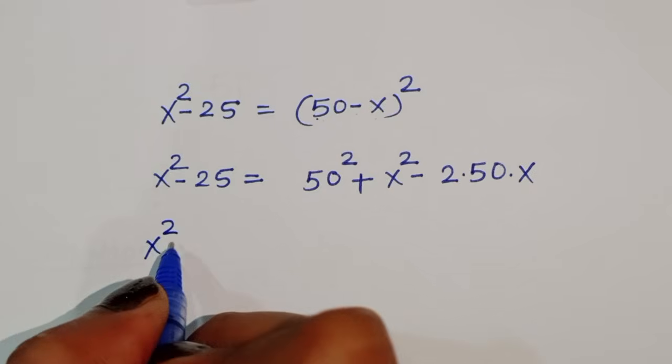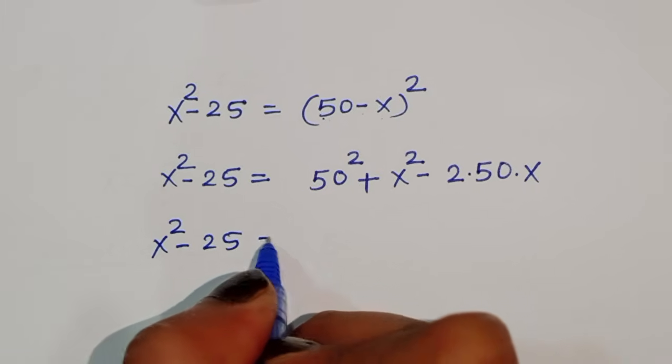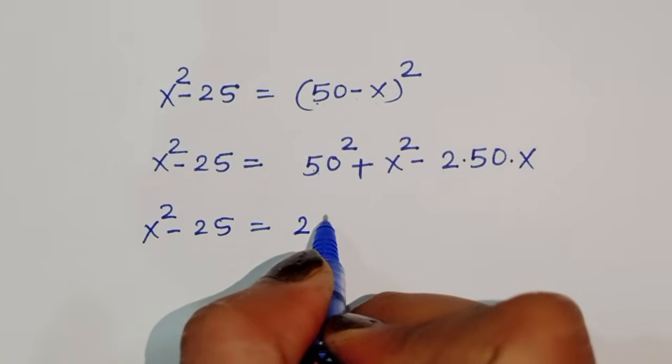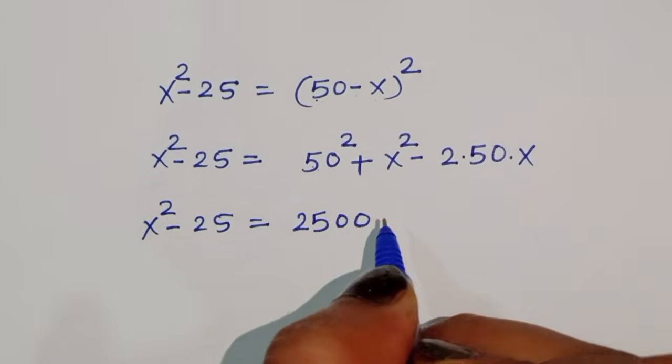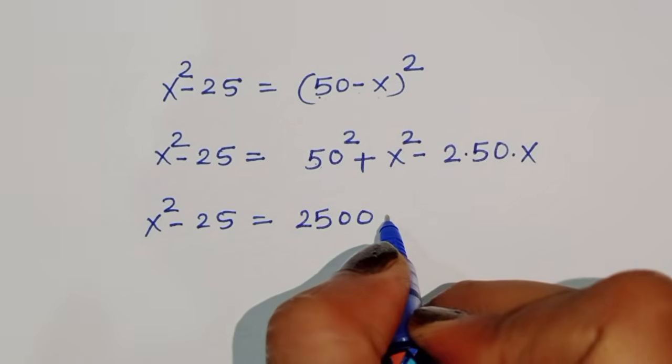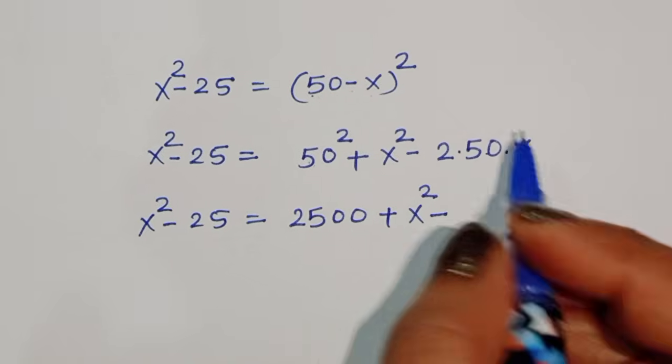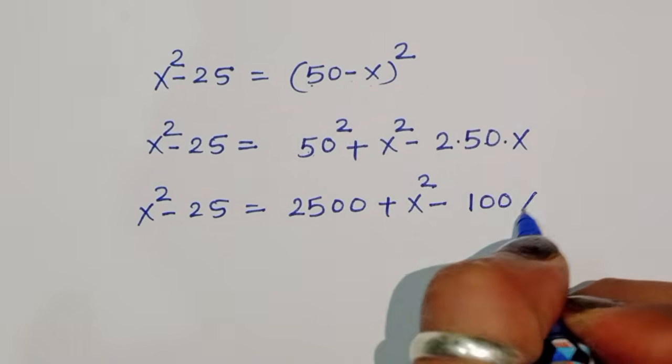So x square minus 25 is equal to 2500 plus x square minus 100x.